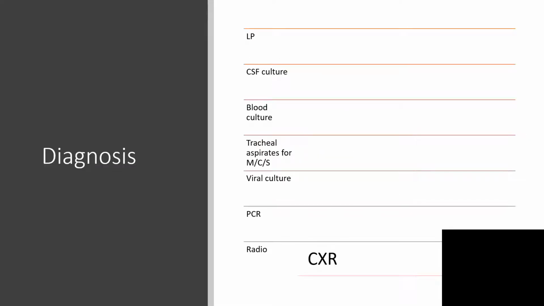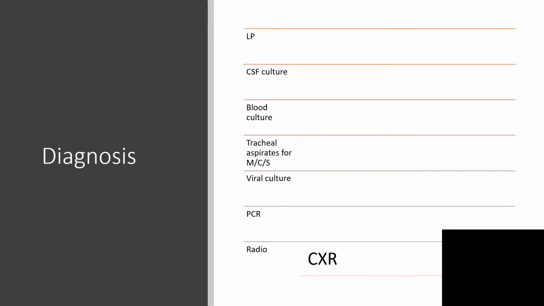How do we make the diagnosis here? In a child, it will be expedient to do lumbar puncture. Do CSF culture when you get CSF from the lumbar puncture. Do blood culture.